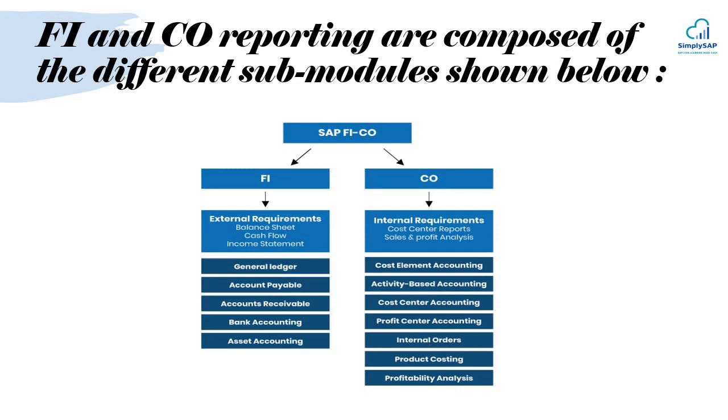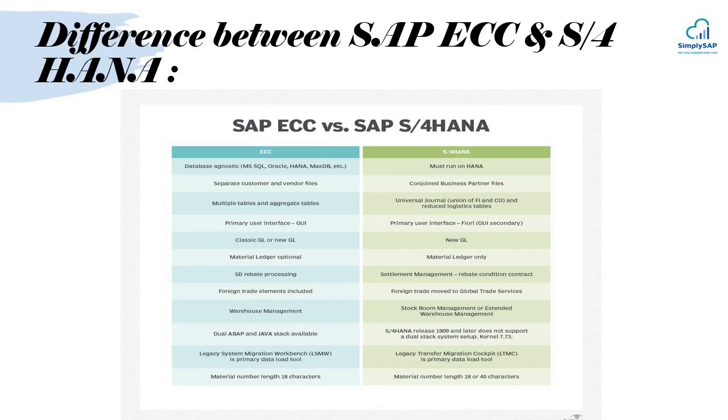Now let's quickly go ahead and look at the difference between SAP ECC and S4HANA. These are the two versions. Most of you might have the question, ma'am, in which version should I complete my certification? My ideal advice for you all is to complete your certifications in S4HANA, as it is an updated version, and you will get better exposure.